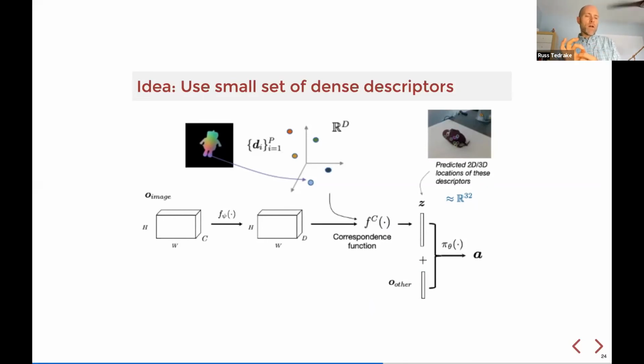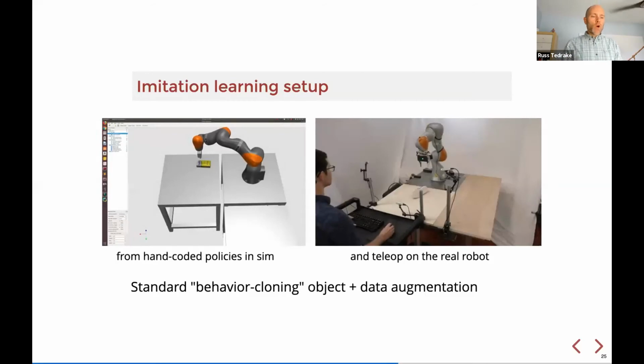So we're going to find the D points with the highest correspondences to our canonical points on the hat, for instance. And we're going to pass those in as our key points now, self-supervised key points, directly into a smaller policy.